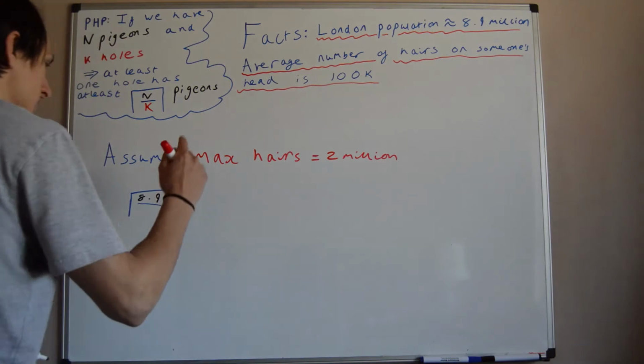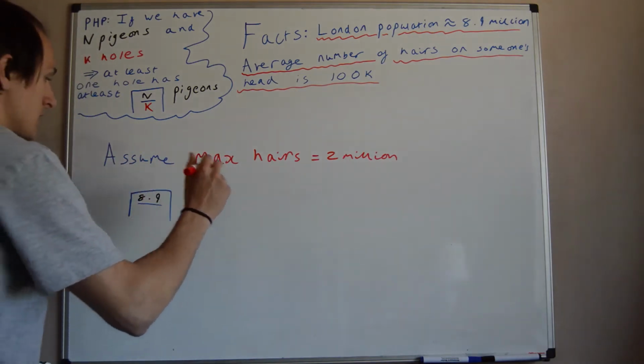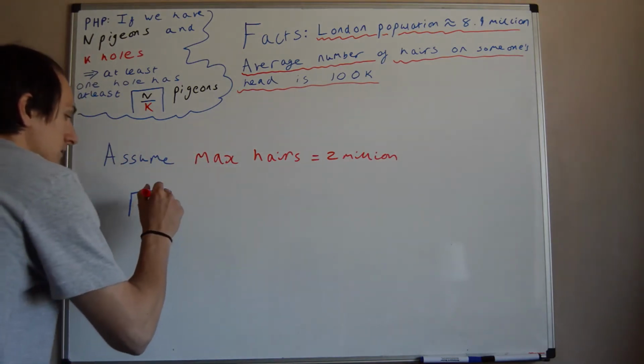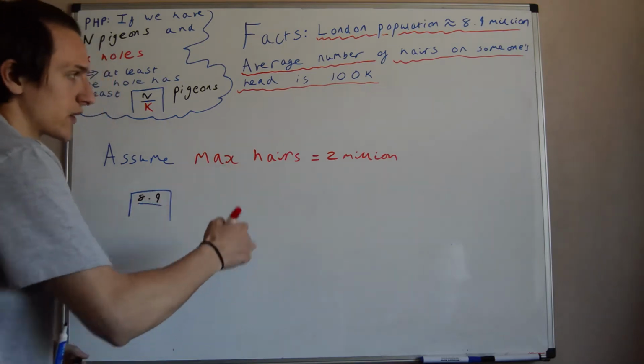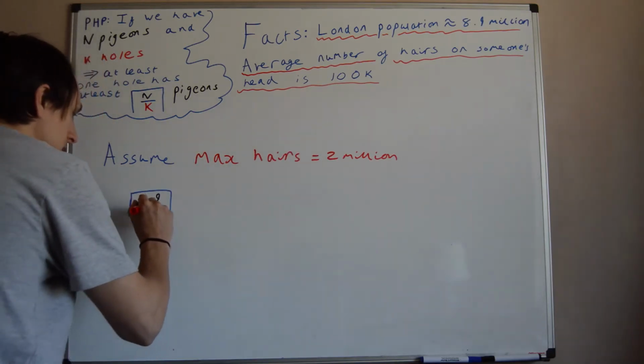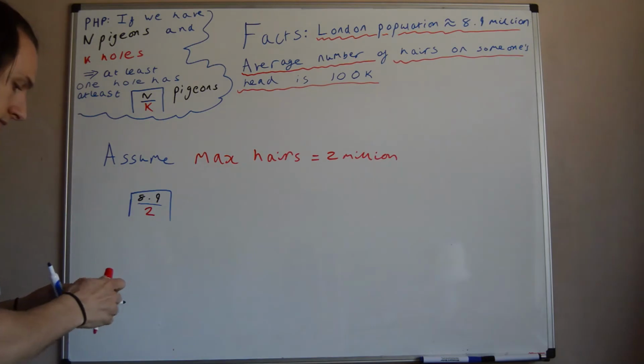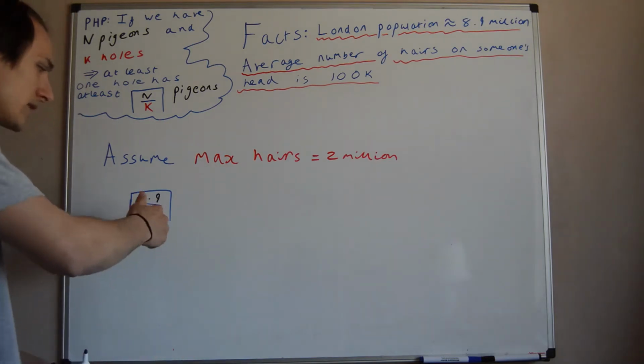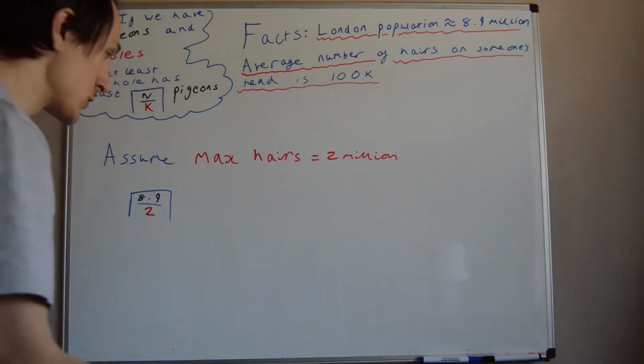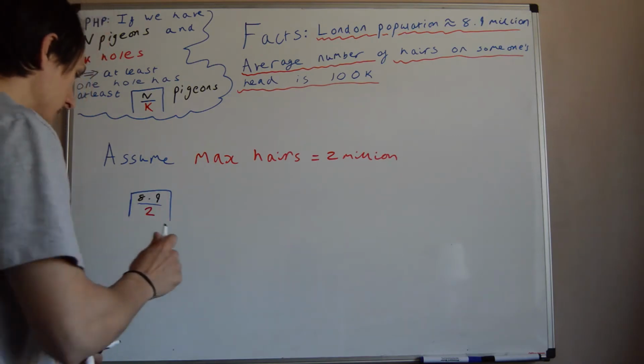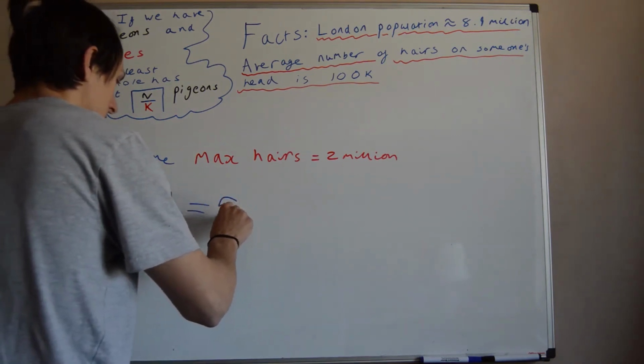We can still apply the principle. So then divide 8.9 million, but of course the million's going to cancel, by 2 million, and this is going to be 4 point something, but because we're taking the ceiling, this is going to be equal to 5.